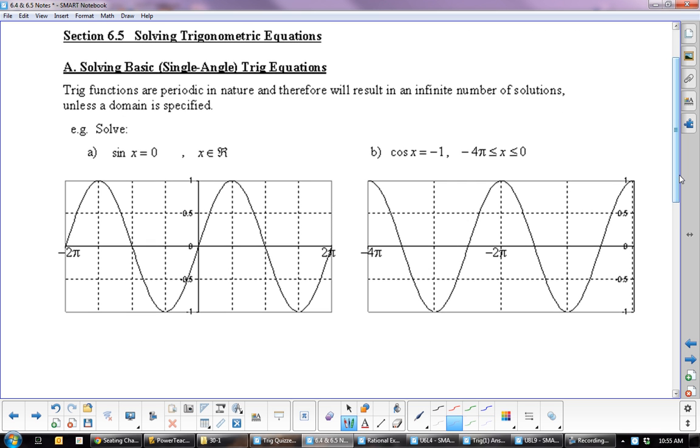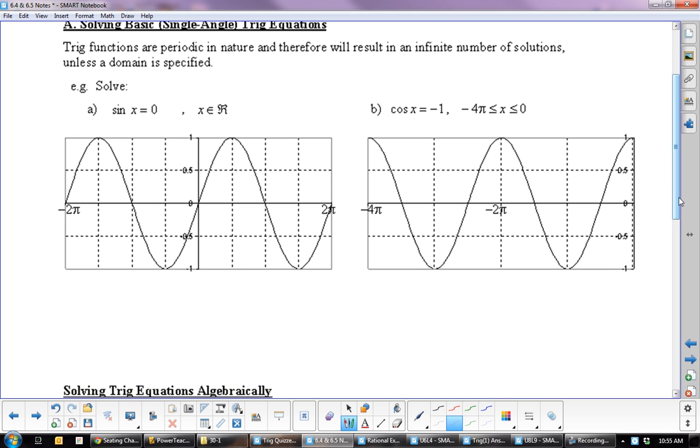Now let's just talk about single angle trig identities. Here's a graph of sine x, and it asks, when does sine x equal 0? It equals 0 here, here, here, here, and here.